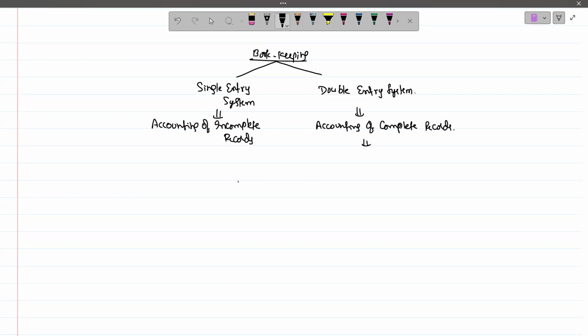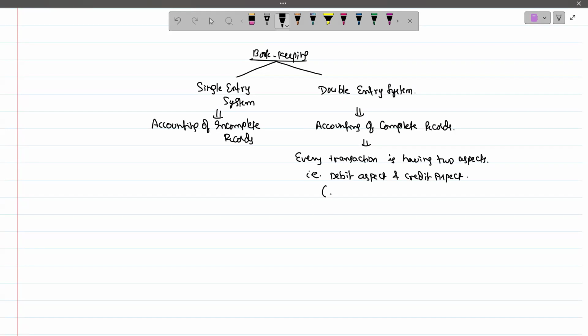And what does the double entry system say? As the name says, in the double entry system every transaction has two aspects, that is the debit aspect and the credit aspect. One is the debit aspect and another one is the credit aspect.